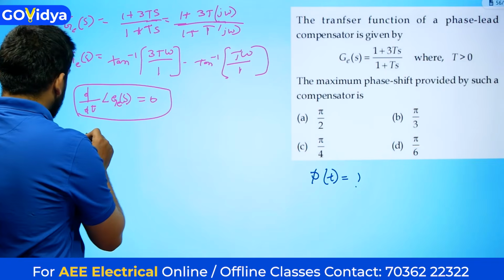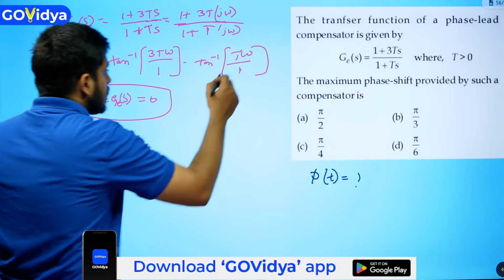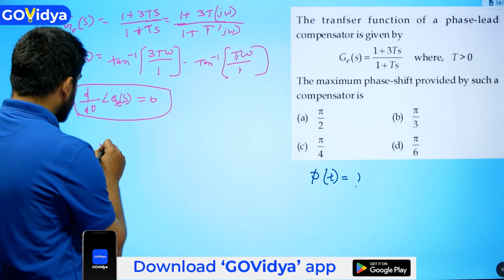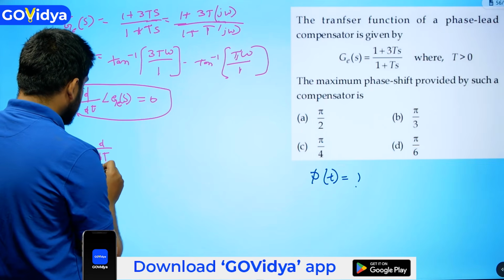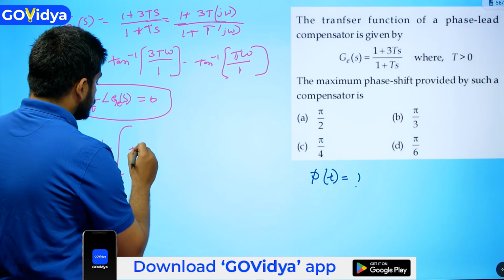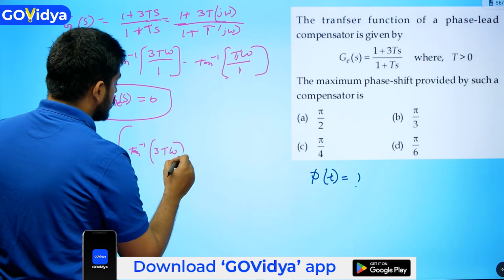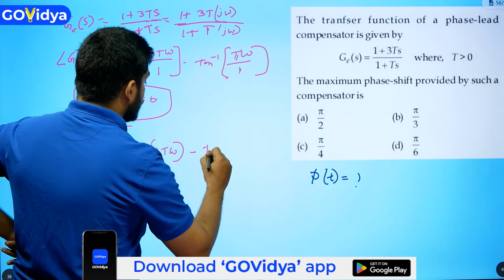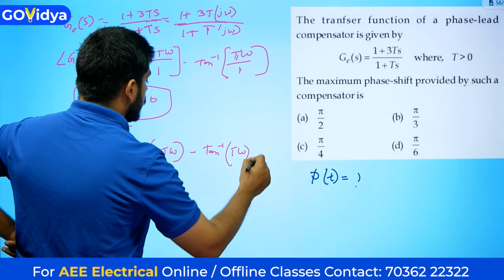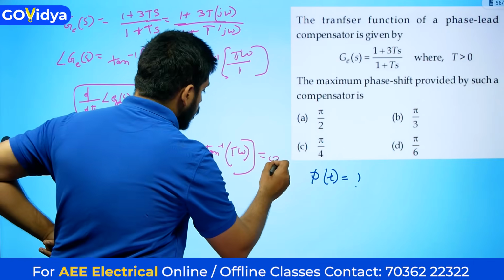So d by dt of tan inverse of 3t omega minus tan inverse of t omega will be equal to 0. This is the main point.